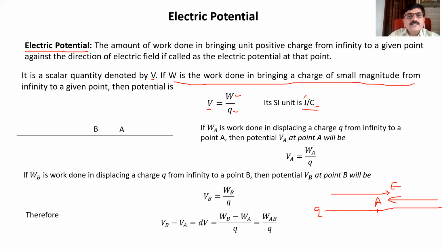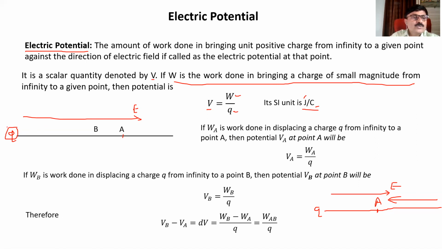Now let us see how the potential difference is calculated. Suppose here is a charge Q, because of which the direction of the electric field is somewhat like this. And suppose WA is the work done in displacing the unit positive charge, you can call it charge q, from infinity to a point.